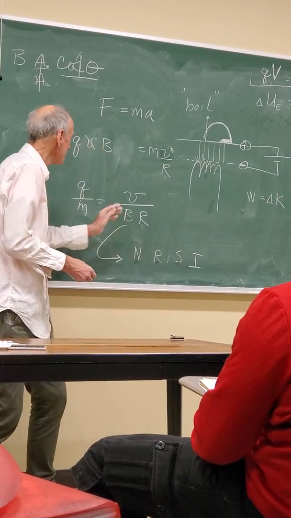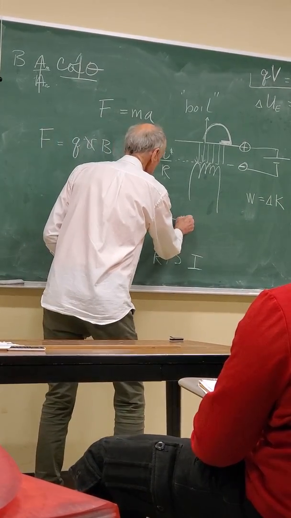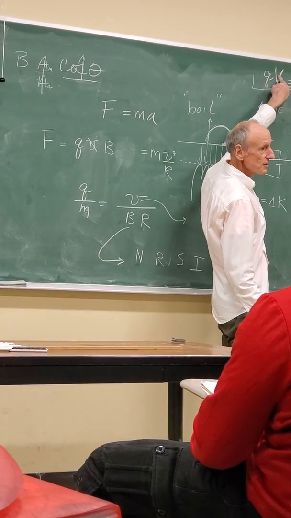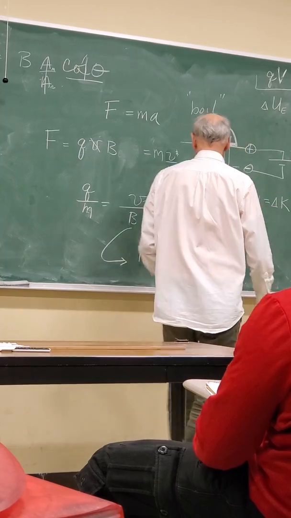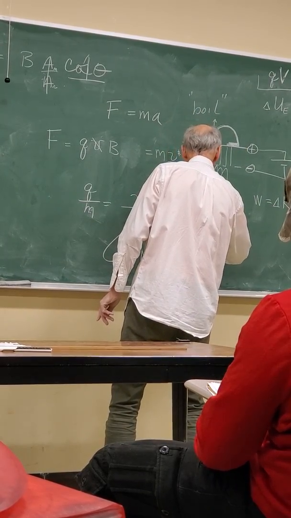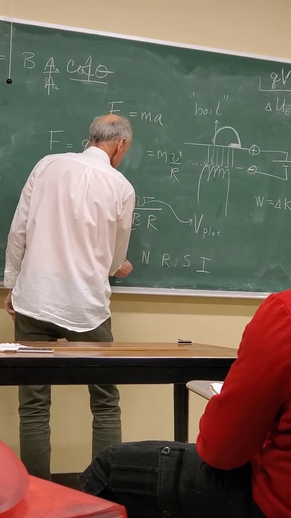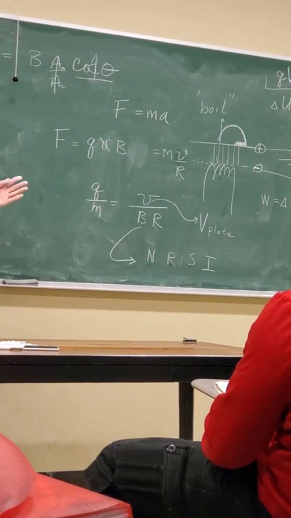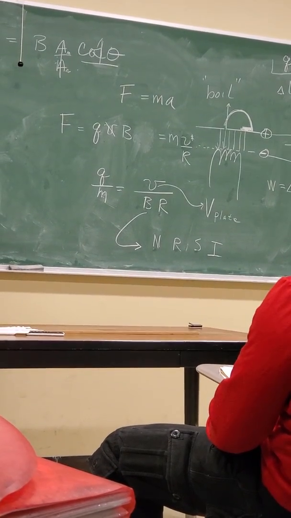So you measure these to get B, and what do you measure to get the velocity? You measure the voltage, so the volts across the plate. So you measured these 4 things, and you measured the plate voltage. There were 6 things that you measured.